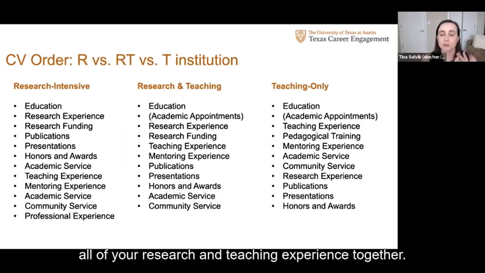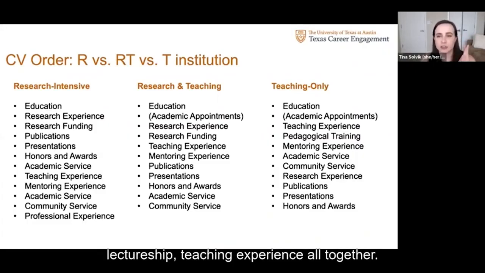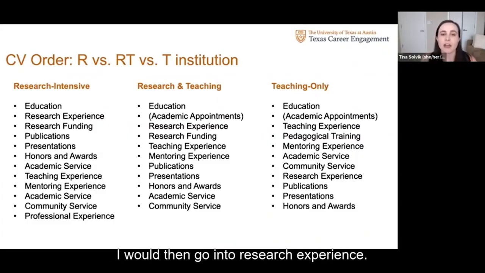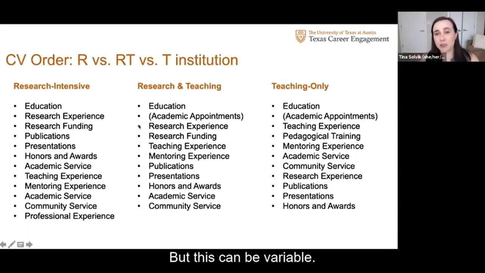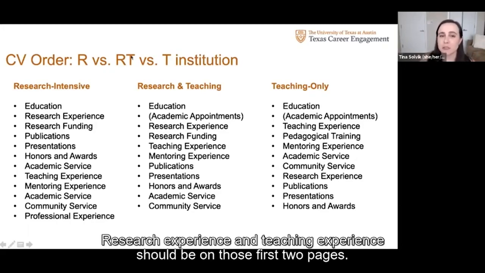So you can include your postdoctoral experience, your guest lectureship, your teaching assistant, your assistant instructor experience all together. I would then go into research experience and perhaps follow it up with research funding right away and then go to teaching experience. But this can be variable. Research experience and teaching experience should be on those first 2 pages.